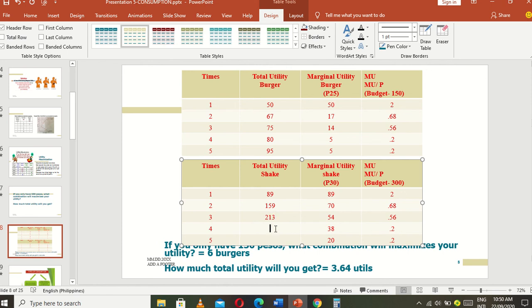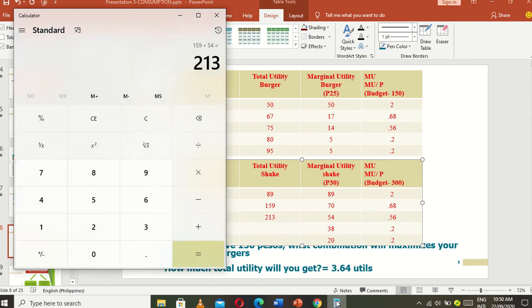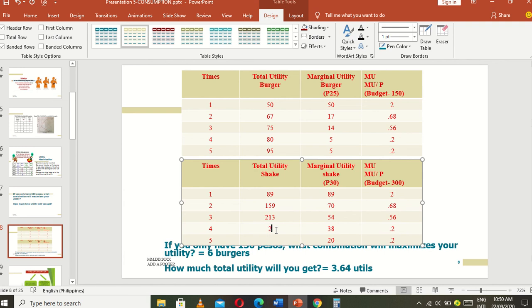And then, 213 plus 38 makes it 251. Then lastly, 251 plus 20 makes it 271. Now, that makes it correct: in getting the total utility, it is increasing, and then your marginal utility is decreasing. Okay, that's the case.